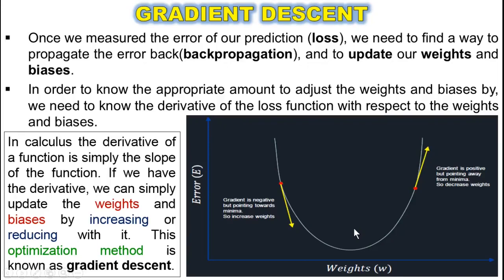The word gradient means slope. We learn from algebra that if the slope of a linear function is negative, then the function is decreasing. On the other hand, if the slope is positive, then the function is increasing. In calculus, by finding the first derivative of a function, we can compute the local minimum if the derivative exists.